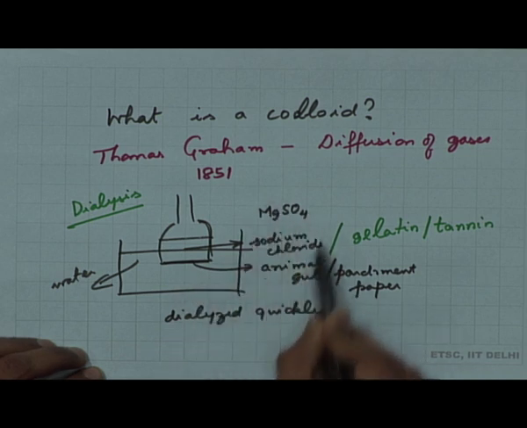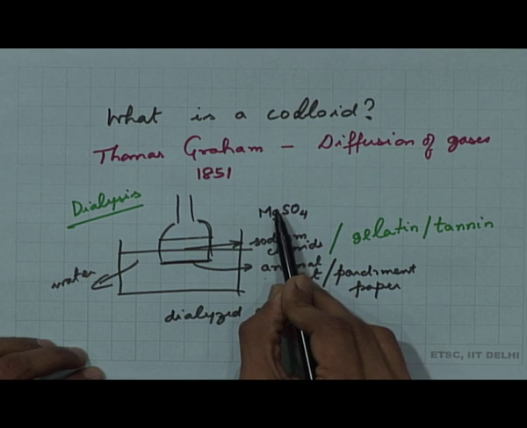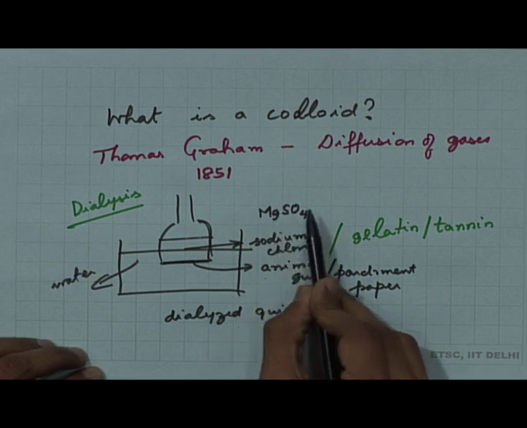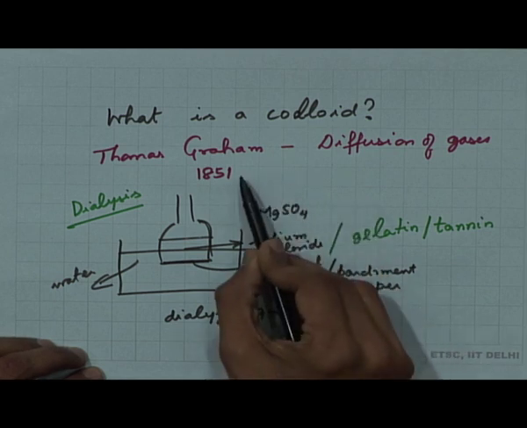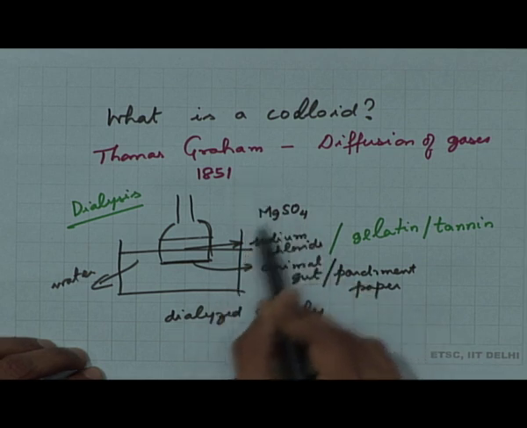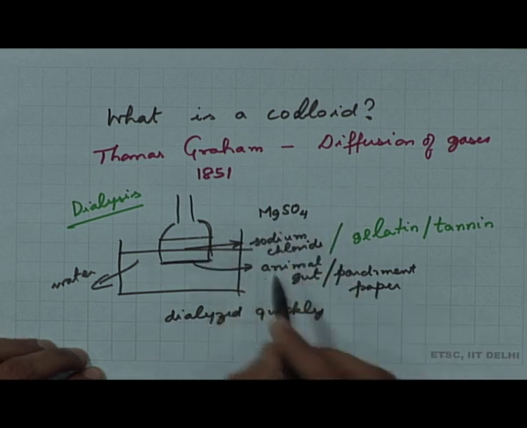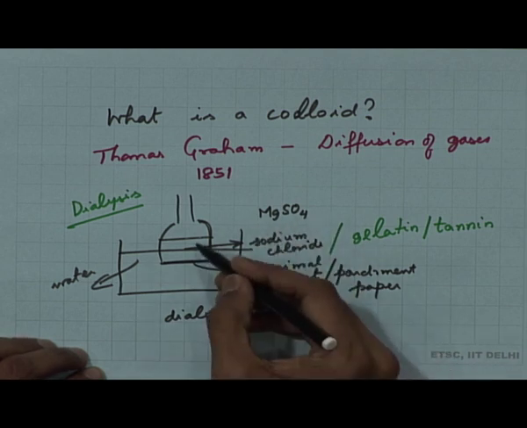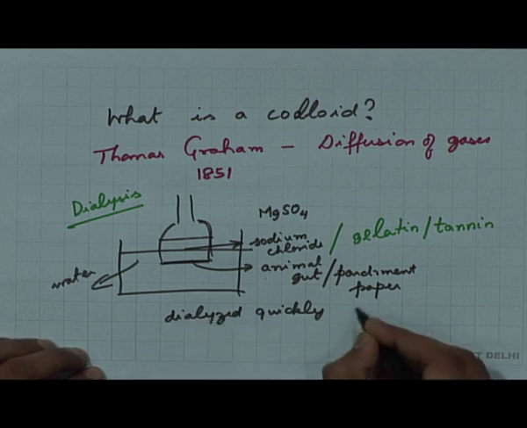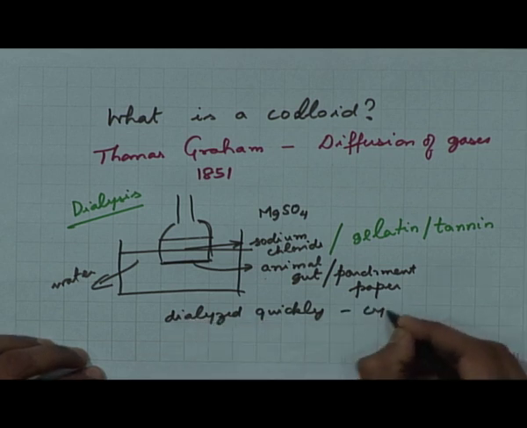And all the things that he considered in the first set, at least in the years 1850, had a tendency to crystallize. So, the class of compounds that dialyzed quickly, he called crystalloids.